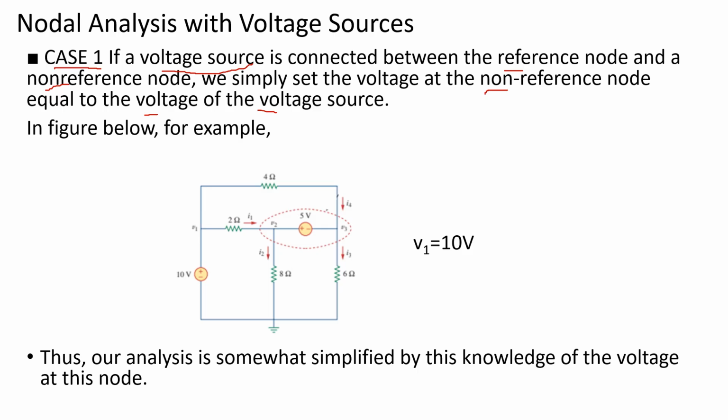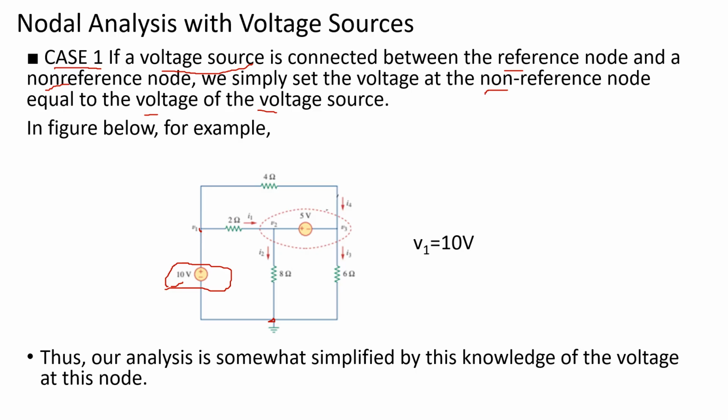So let us look at the figure below, and you can see here that your 10-volt source, which is connected between node 1 and the reference node, can be set equal to the value of the non-reference node voltage, or the value of V1.